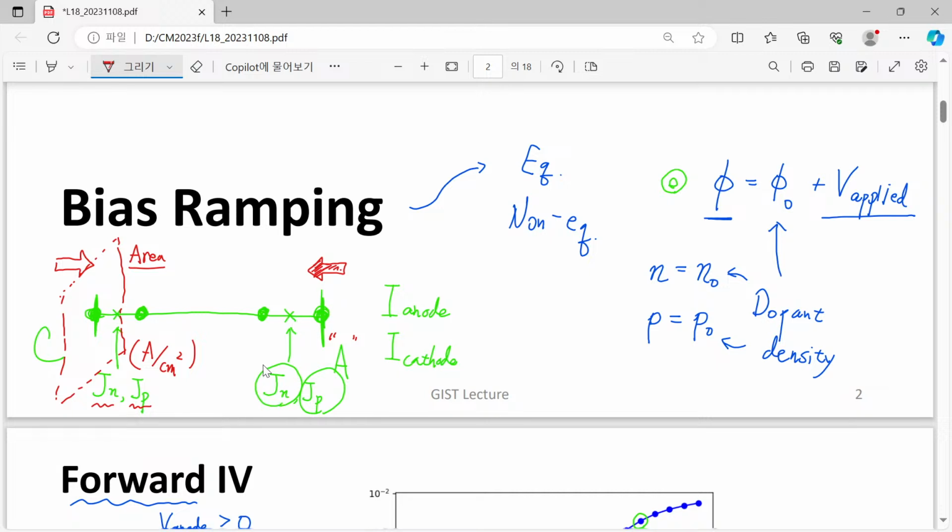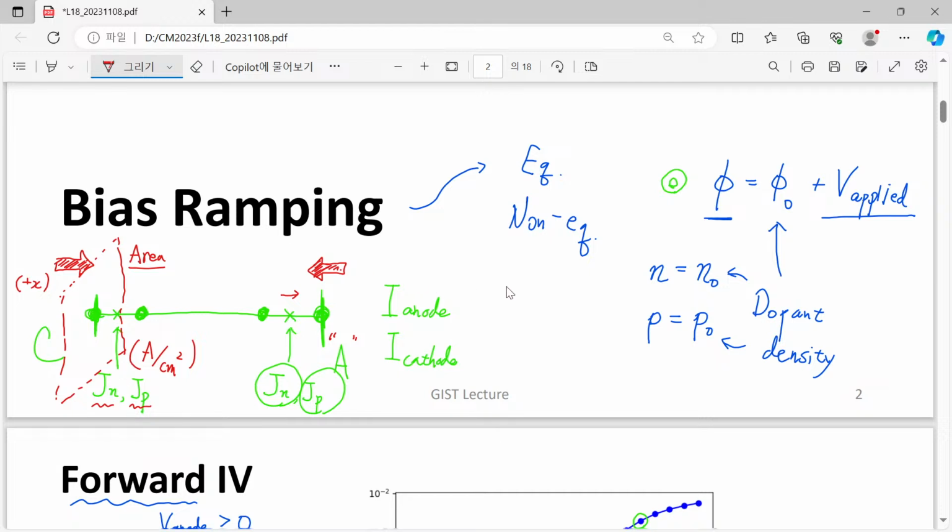So when we have Jn and Jp, their direction is always heading to positive x direction, so you must have a negative sign. However, in the case of our cathode contact, actually incoming direction is aligned with positive x direction. So you can just multiply the positive number to Jn and Jp. So don't be confused with these signs.